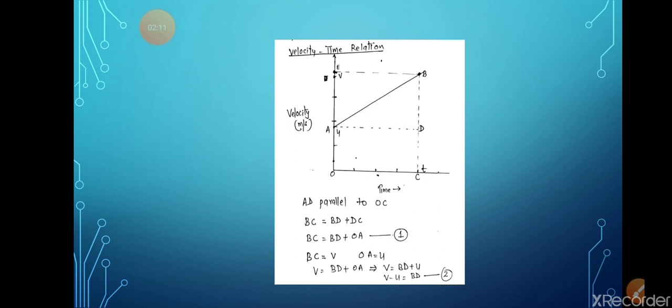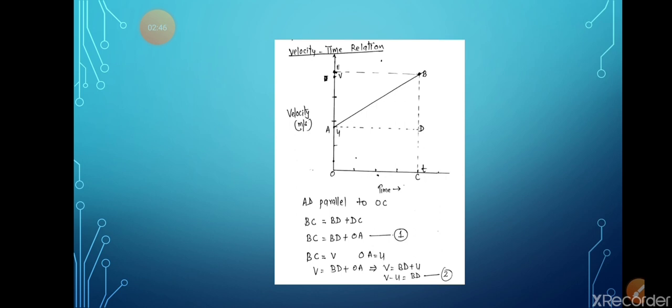Then draw a line from A parallel to OC, that is AD, and draw a line from B to C. What we can write is BC equals BD plus DC, so BC equals BD plus OA, because DC is parallel to OA.